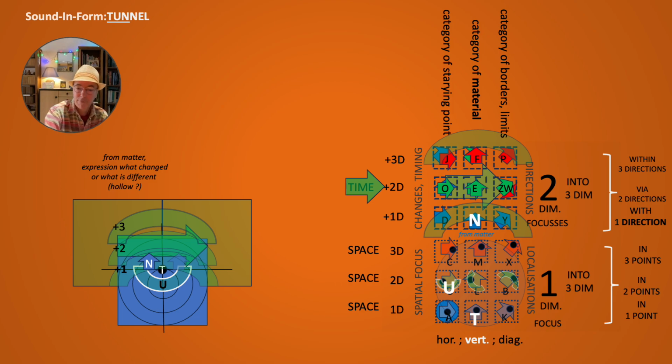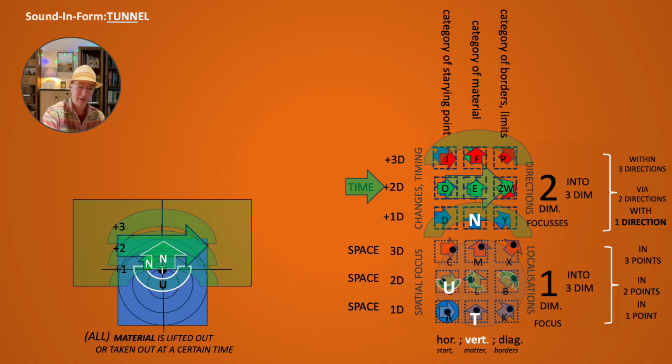But when you emphasize what is really different in space, in matter and so on, this hollowness is different. That's the difference. That's what is changed compared to A, for instance, which is full. U is hollow. So something came out, something of the material was left out to get to that situation.